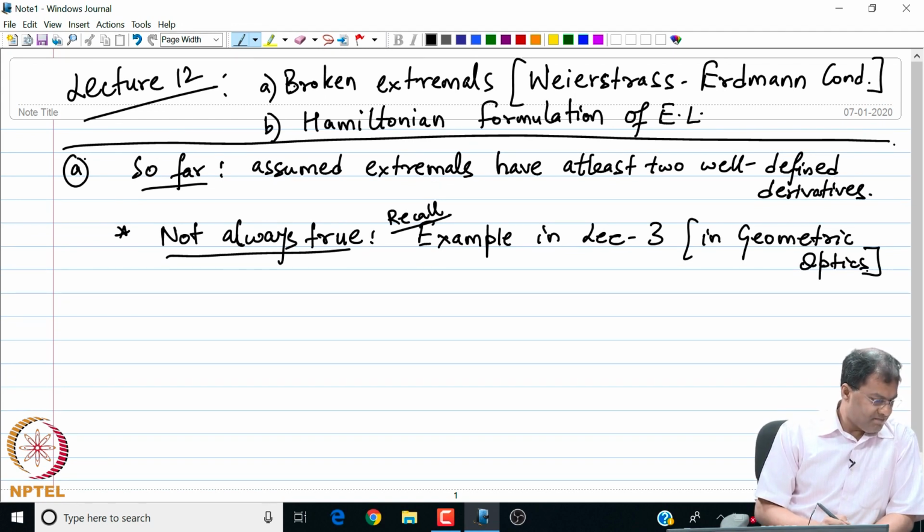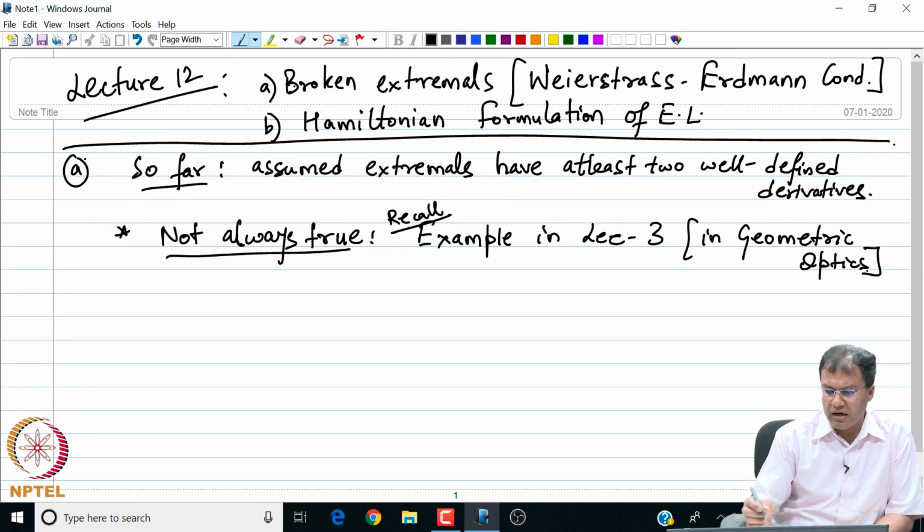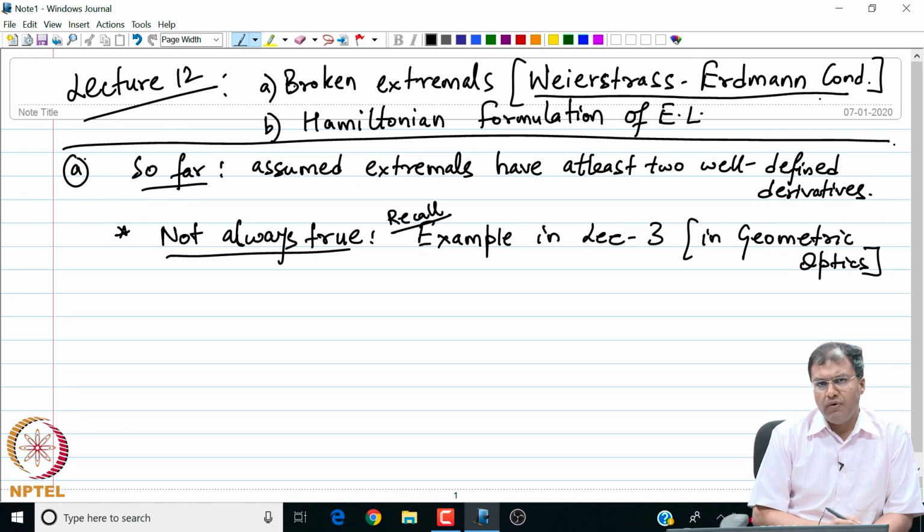Before I derive the general conditions for broken extremals, the Weierstrass-Erdmann condition, let us look at the significance of finding these conditions, or what sort of extremals belong to this broken extremal category.